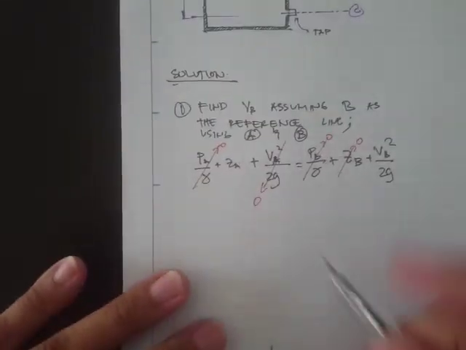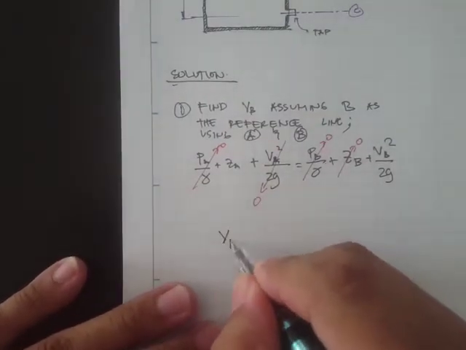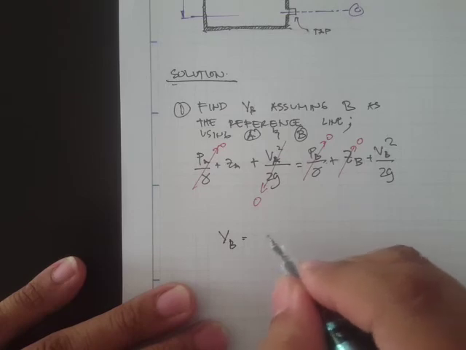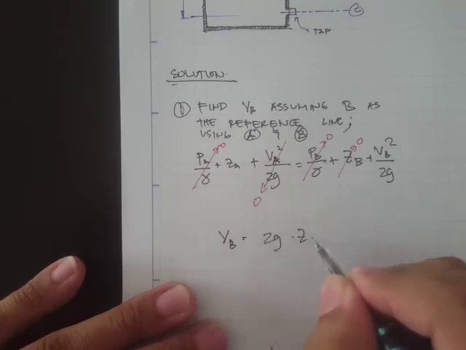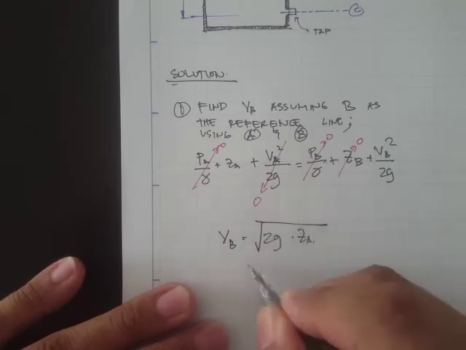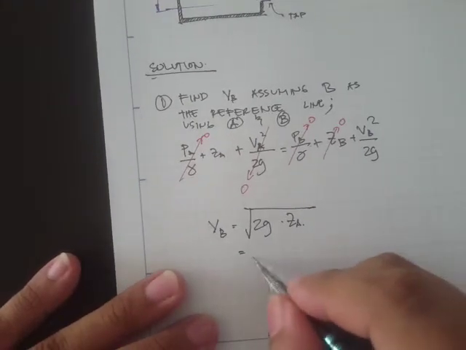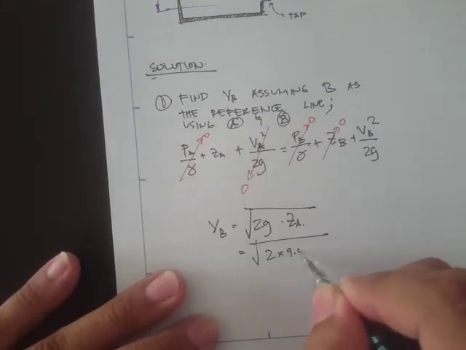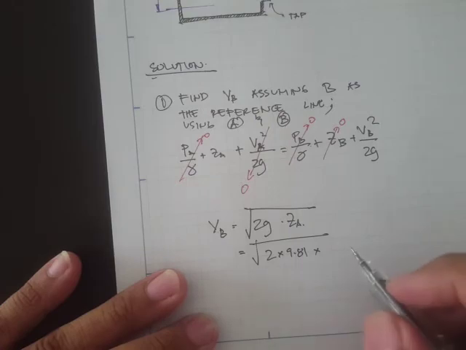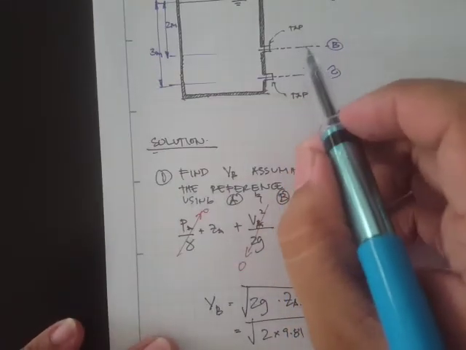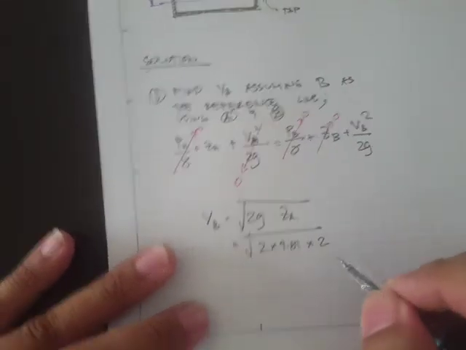Therefore, our equation would just be V sub B is equal to the square root of 2g times the elevation at A. So the square root of 2 times 9.81 times the elevation at A with respect to B, that's just 2 meters.